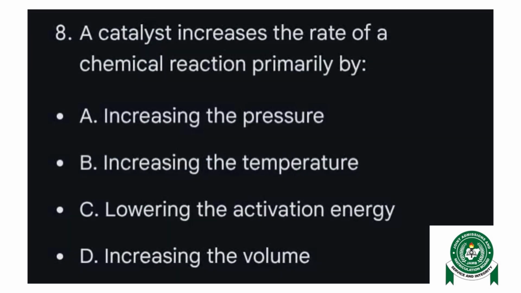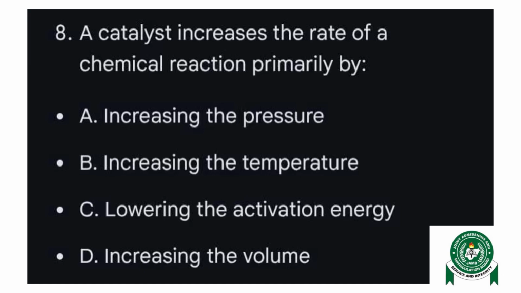Question 8 is a very interesting question. It says, a catalyst increases the rate of a chemical reaction primarily by A, increasing the pressure, B, increasing the temperature, C, lowering the activation energy, and D, increasing the volume. Now, we all know what a catalyst is. A catalyst is a substance that speeds up a chemical reaction without being consumed or used up in the process.